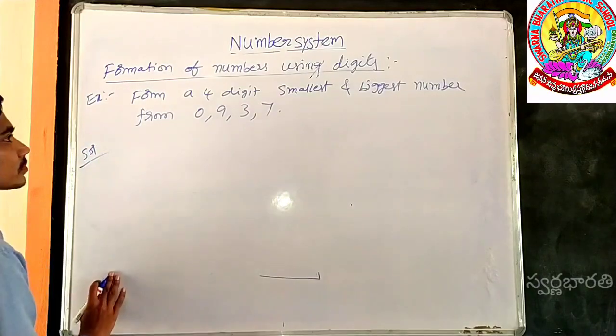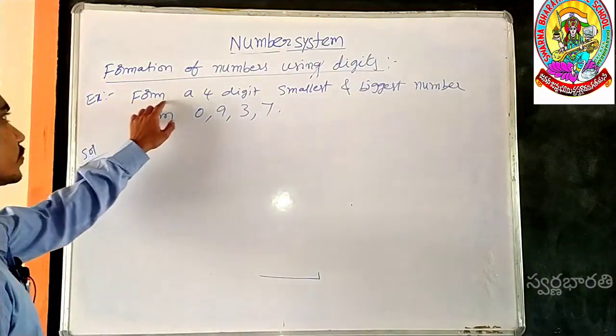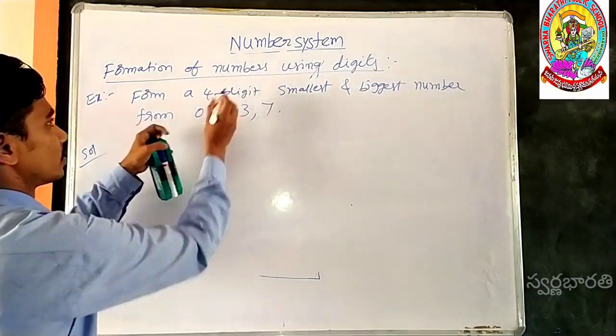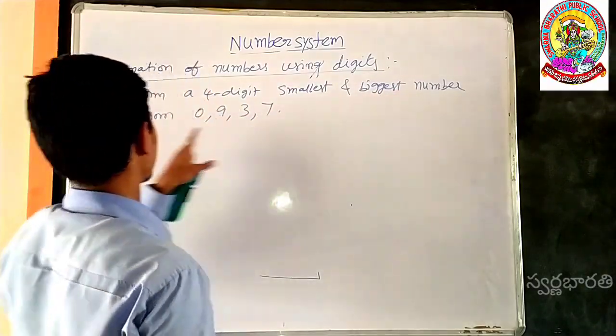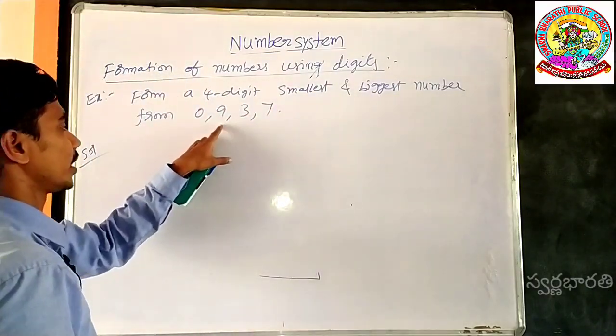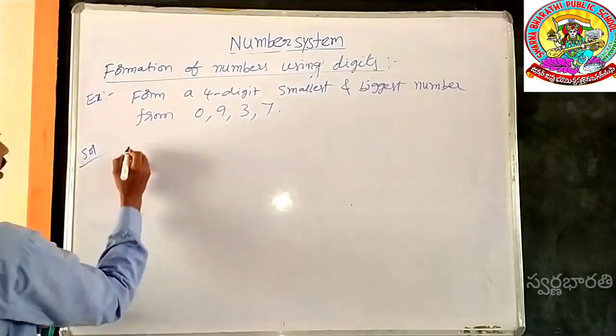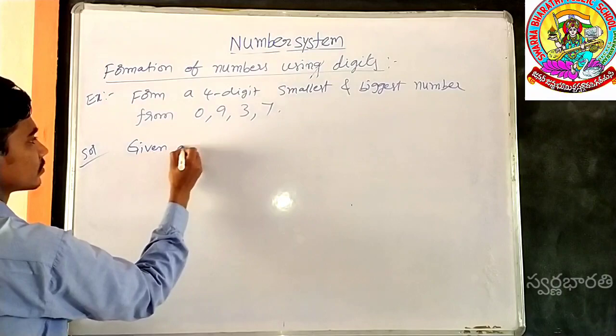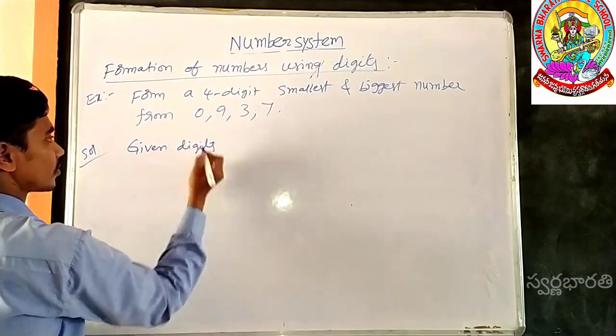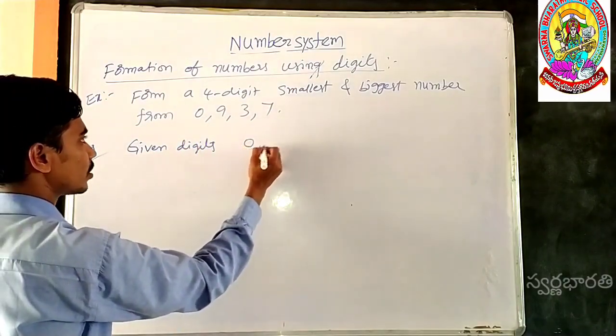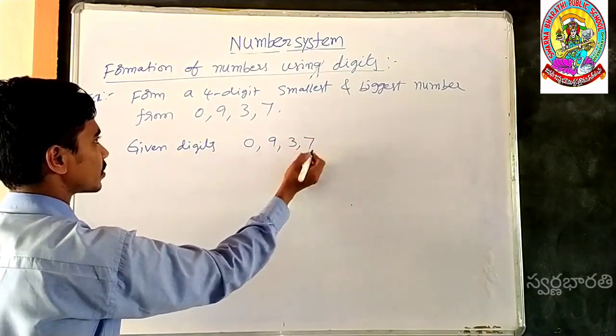Solution. So here the question is, form a 4-digit smallest and biggest number from the digits 0, 9, 3, 7. So, solution. The given digits are 0, 9, 3, 7.